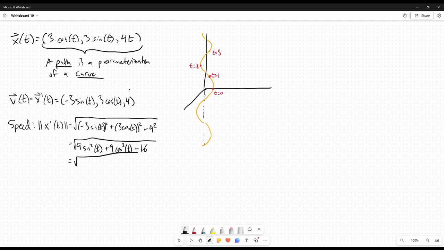We can use some Pythagorean identities: 9 times sine squared plus 9 times cosine squared is just 9. So 9 plus 16 ends up being the square root of 25, which equals 5. So we see that as this point is tracing out this curve, it's moving at a constant speed of 5 units per second, we could say, as a unit of time.